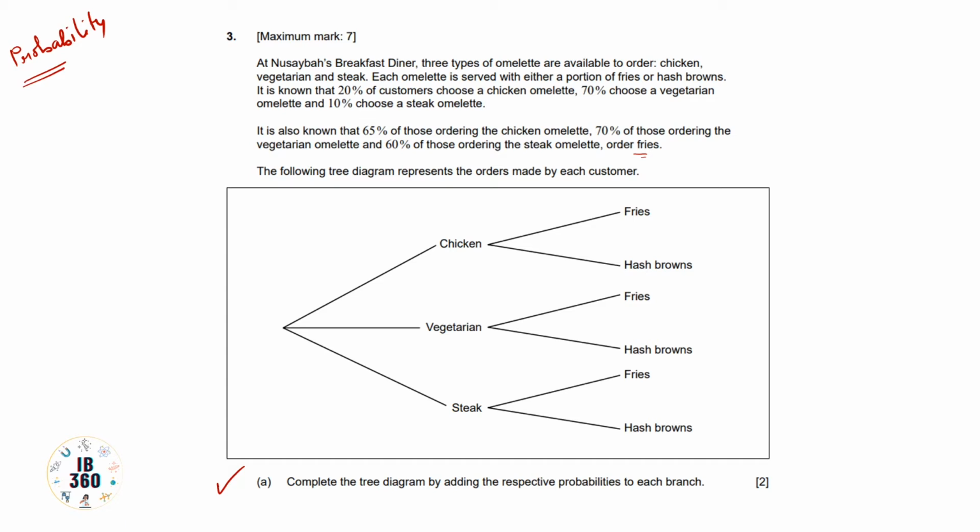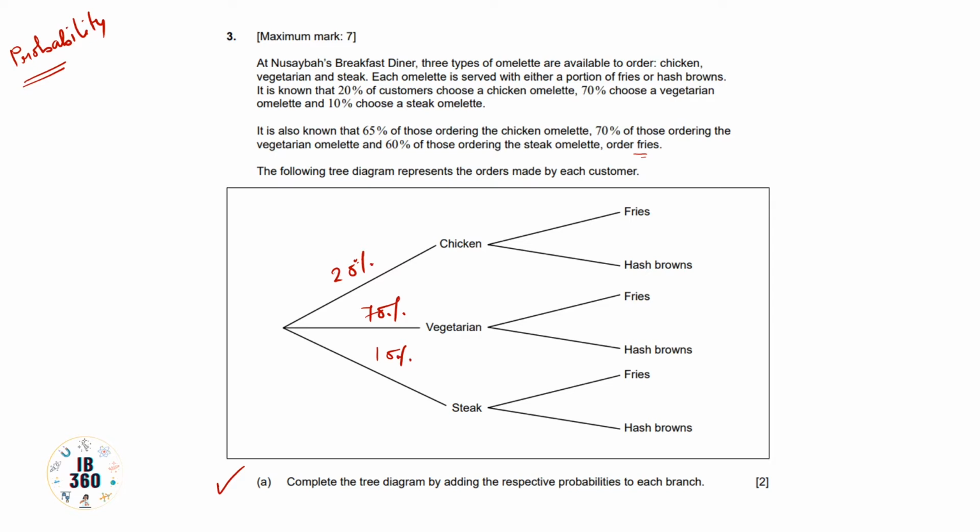It is a very simple question. From here you can get that 20% of customers choose a chicken omelette, so here will be 20%. Now 70% choose a vegetarian omelette, so here will be 70%, and 10% choose a steak omelette.